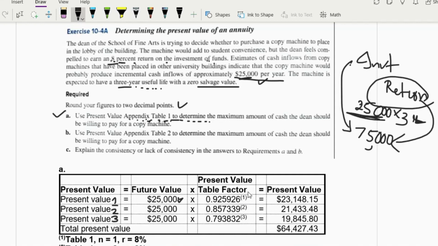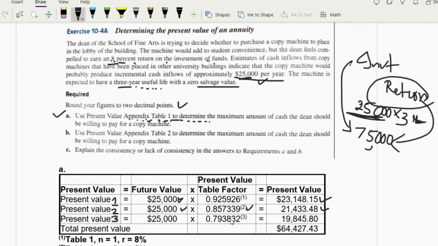When I calculate the factor and multiply it by 25,000, the present value of the first year's 25,000 today is 23,148.15. After 2 years, again it will give us 25,000. If we want to calculate the present value, we should get the factor for 2 years, 8%, right? And then this is the present value.